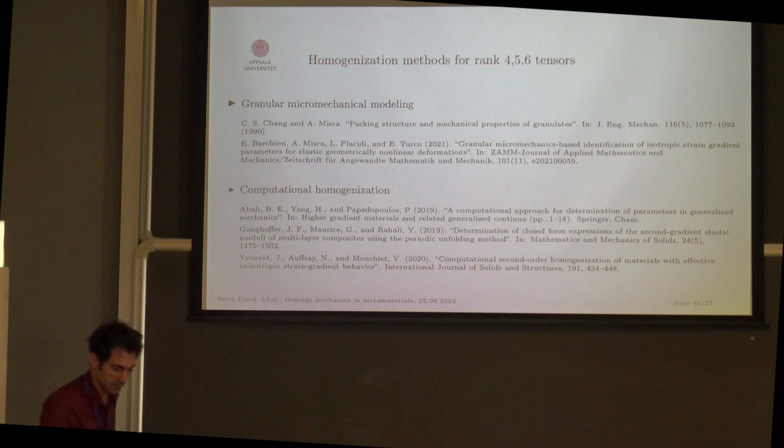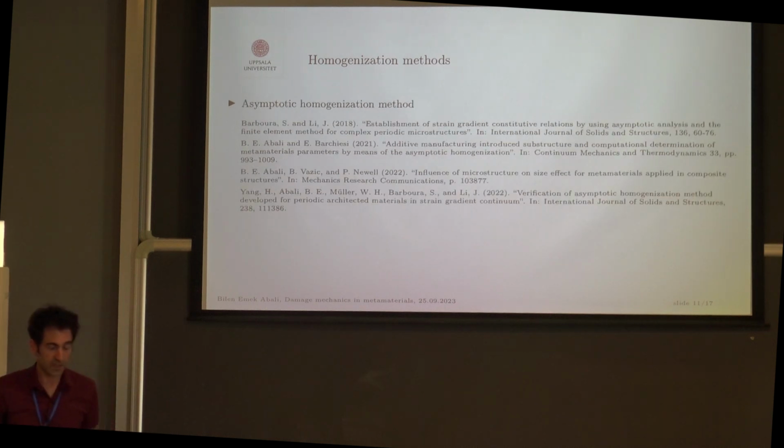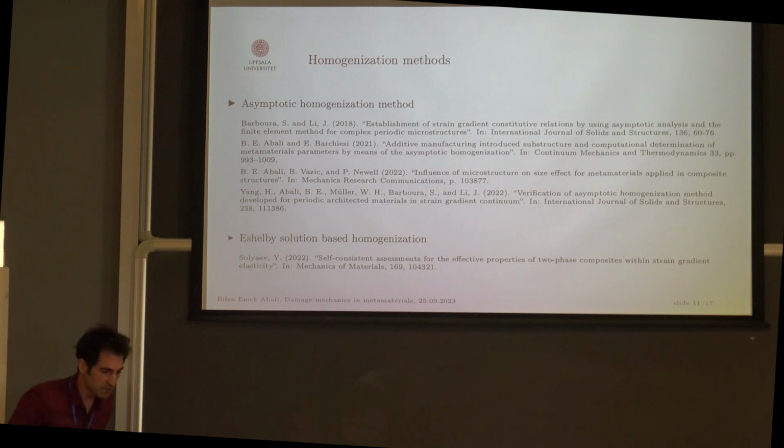So this is also not what I'm using. Another one is the asymptotic homogenization method, which is my favorite one, which I'm going to use here in order to get all these parameters, and which is better for the boundary conditions. And then the fourth one is what I know as the SLB solution method, which is also really good, but you have to have an inclusion which is round or spherical or star shaped, so you can find a solution for that. So it's not suitable here.